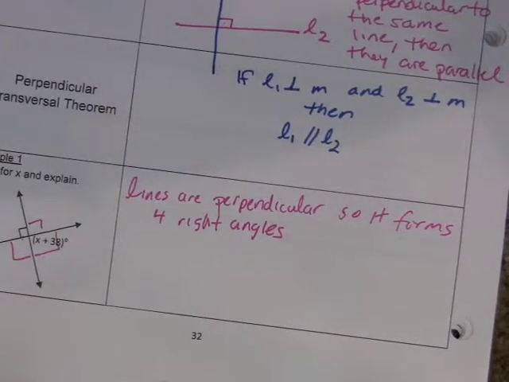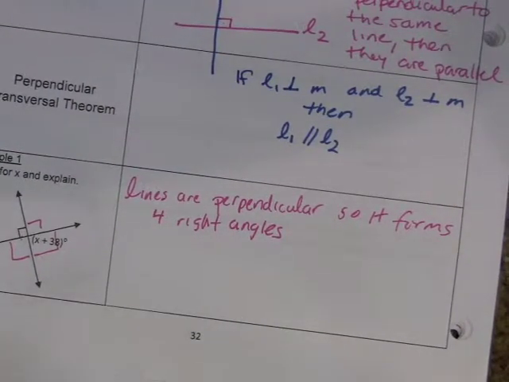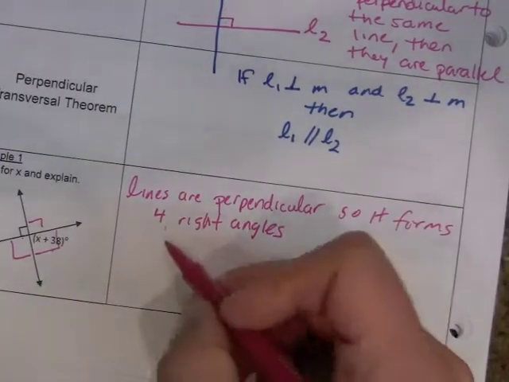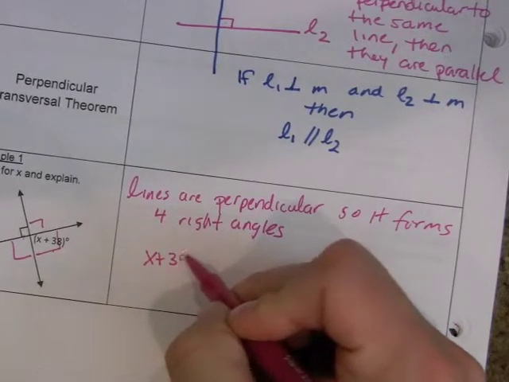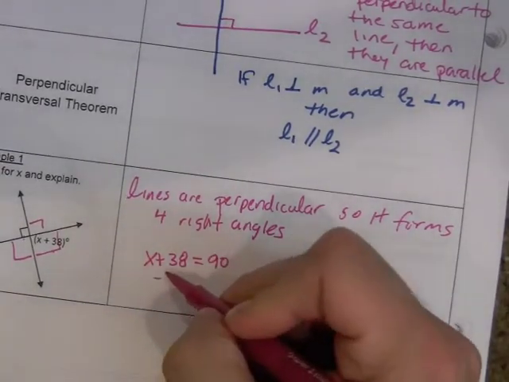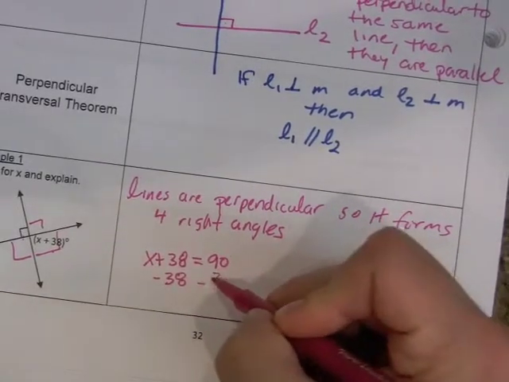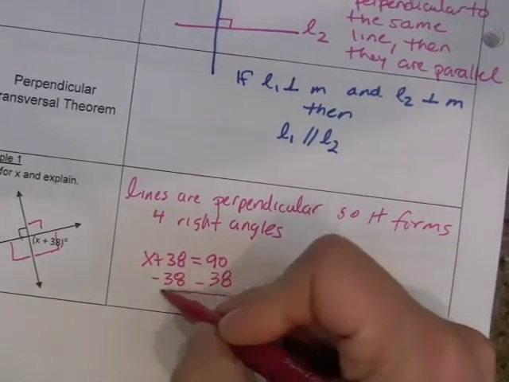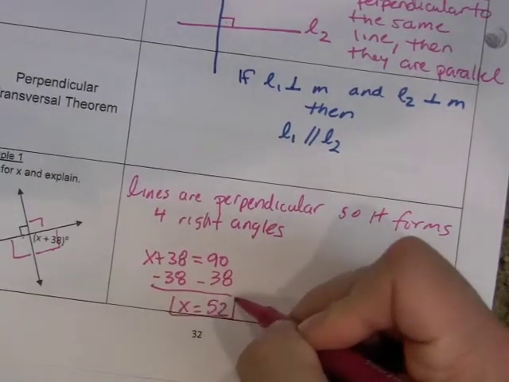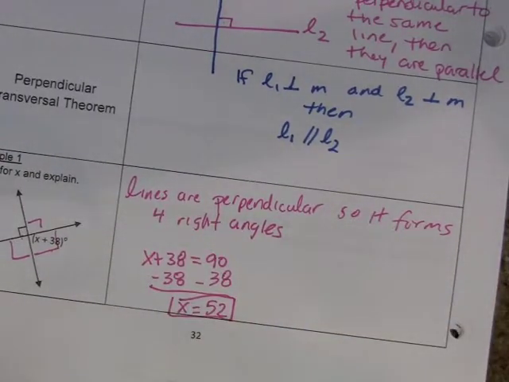Since it forms four right angles, I know that x plus 38 is 90 degrees. So I can just set x plus 38 equal to 90. Solving this, I would just subtract 38, which would give me 52. Any questions on that?